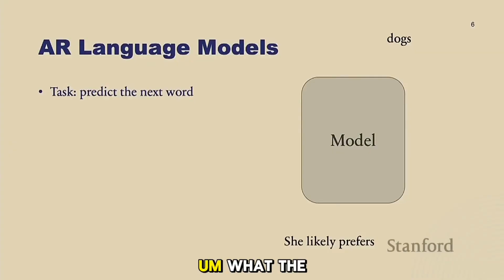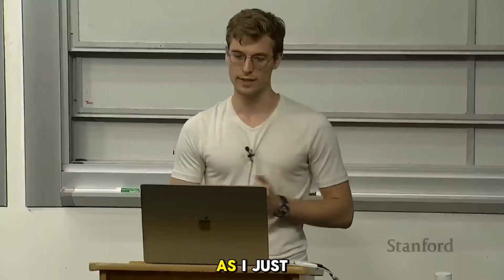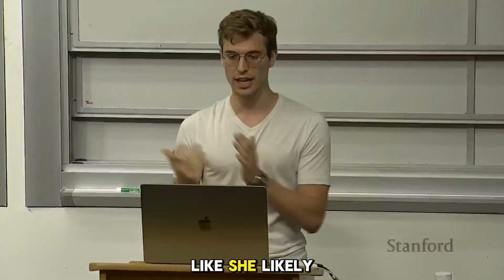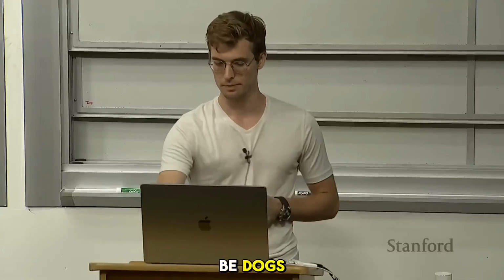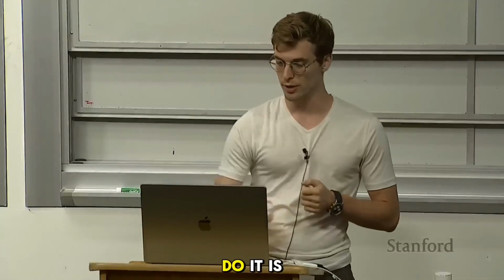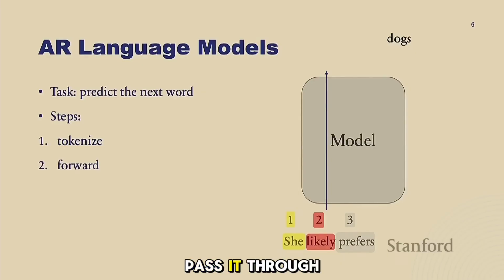At a high level, the task of an autoregressive language model is simply predicting the next word, as I just said. If you have a sentence like "she likely prefers," one potential next word might be "dogs." The way we do it is that we first tokenize. You take these words or subwords, you tokenize them, and then you give an ID for each token. Then you pass it through this black box.